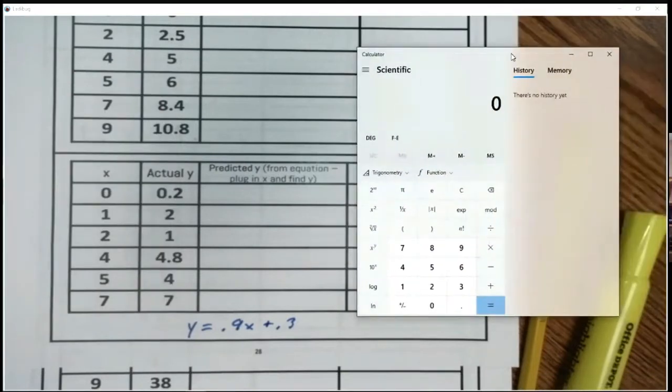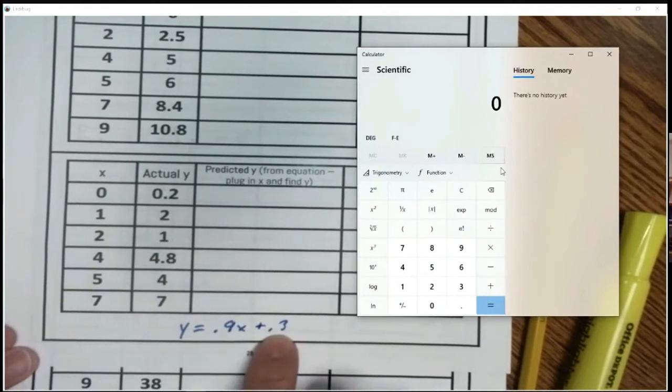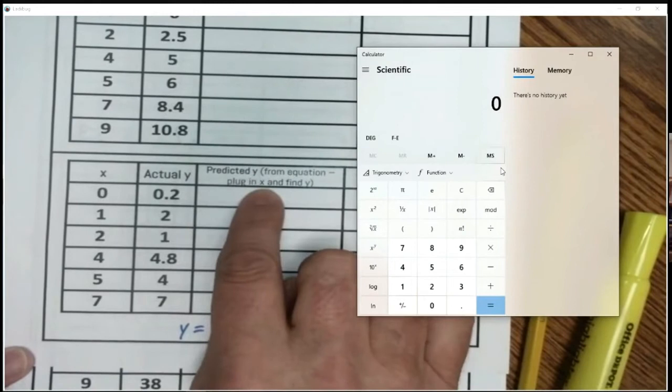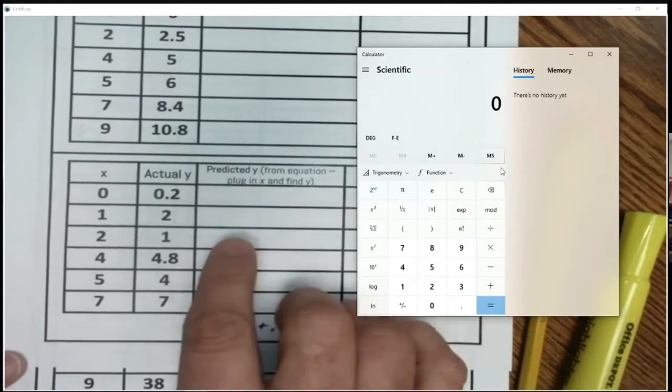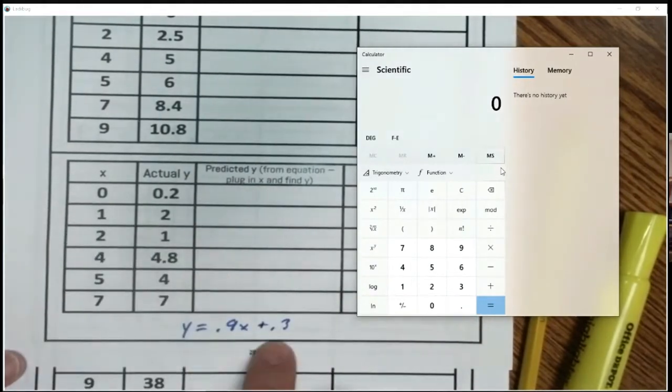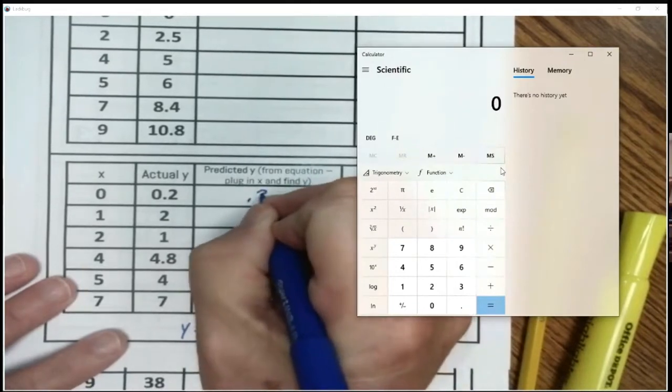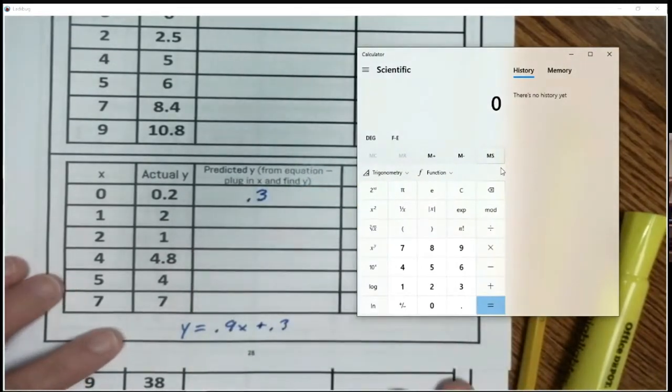To find the predicted y, we've got to plug in x. So if x equals 0 in our equation, 0 times 0.9 is just 0, plus 0.3. So we would expect, using our equation, that this would be 0.3.